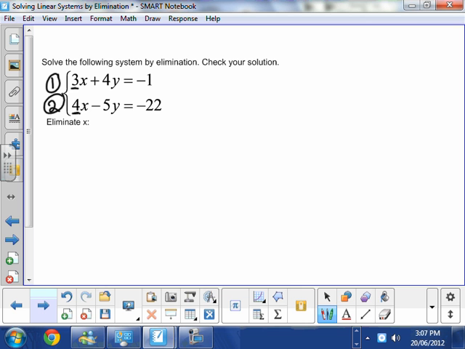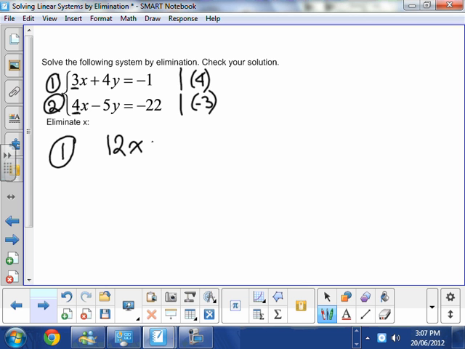So what we will do, we will multiply the first equation by 4, and the second equation by negative 3. Okay, so I am going to multiply both sides of these equations by 4 and negative 3, and I will get equivalent equations. Am I correct? Yes, you are right.